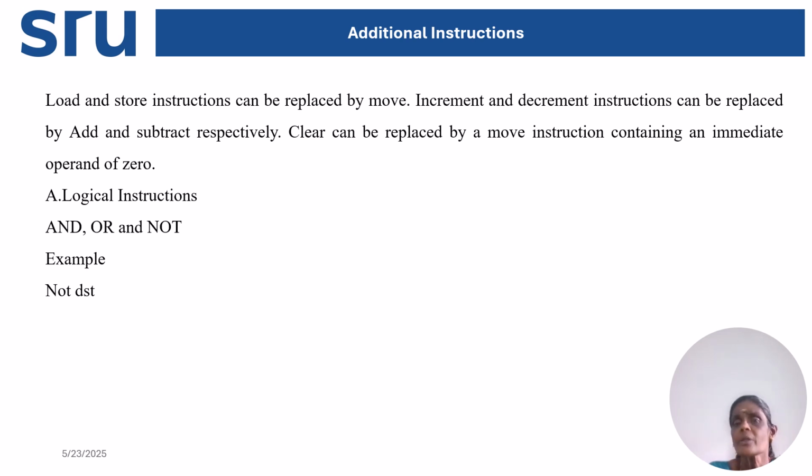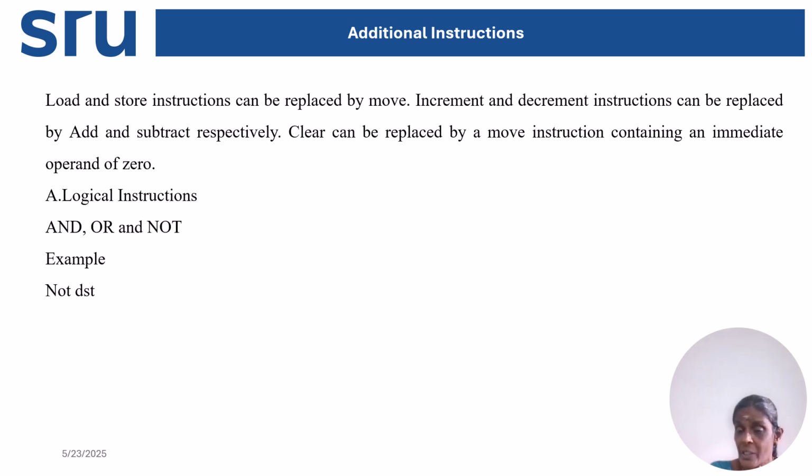So increment and decrement instructions can be replaced too. Increment means automatically it is the add instruction. Decrement means it is by default subtract, respectively. If you give the clear instruction, it is giving 0 only. So this clear instruction may be replaced by move 0 wherever you want 0.